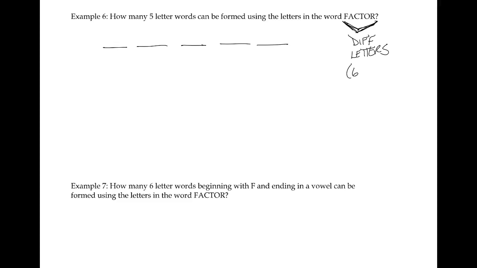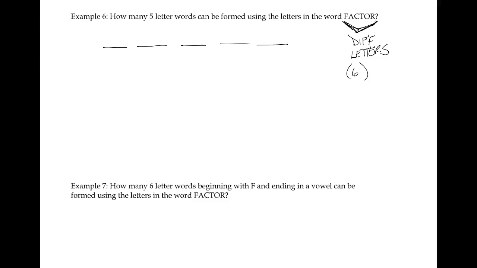Okay, so example 6 looks at how many 5-letter words. So again, 5 letters are being filled in here. Can be formed using the letters in the word factor. And when I look at the word factor, I notice one thing about all of them is that they're all different letters. Which means that I've got 6 to choose from.